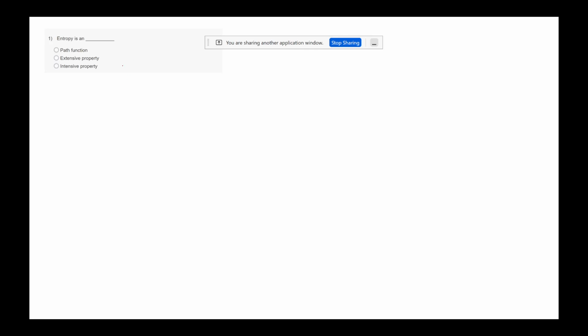Exactly, intensive could be, because, okay, let's just for you I can define first those things. So path function means it depends on the path the process undergoes.